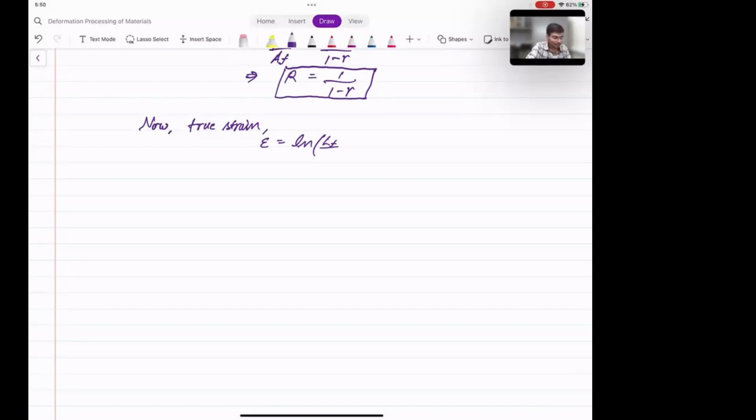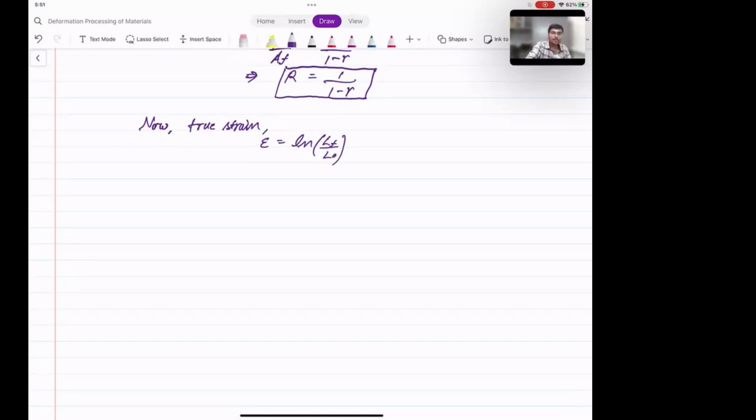And if we substitute the values, the change in length will be final length minus initial length divided by the original length, and that change, if we separate the terms, will become minus 1, and that 1 and 1 will get cancelled. So this becomes final length by initial length.